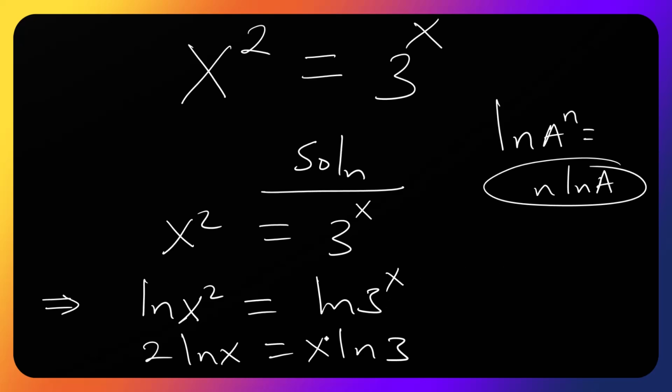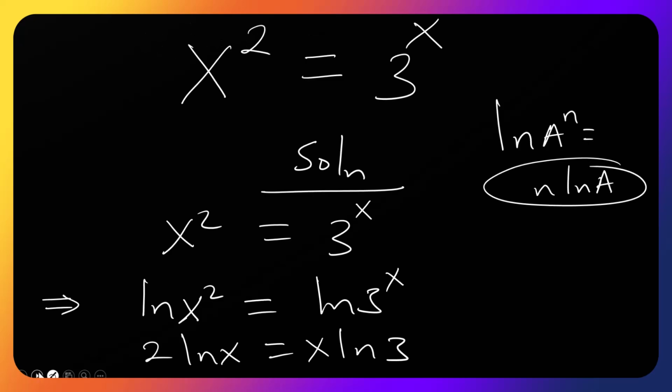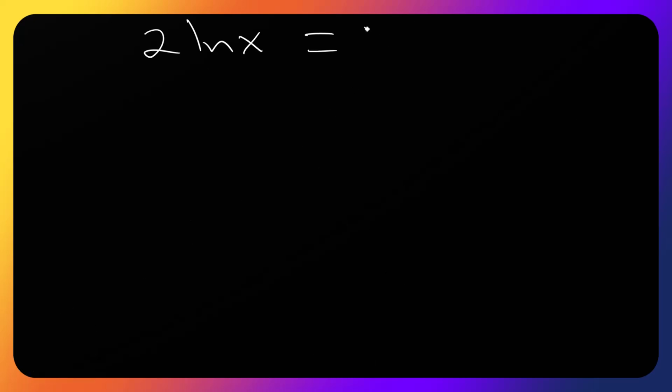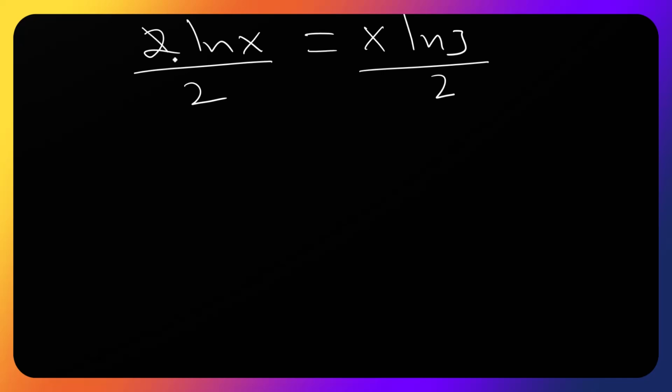So from here, we can group the x on one side, okay? So we have 2 ln of x equals x ln of 3. So let's divide both sides by 2. If I do that, this one will go.